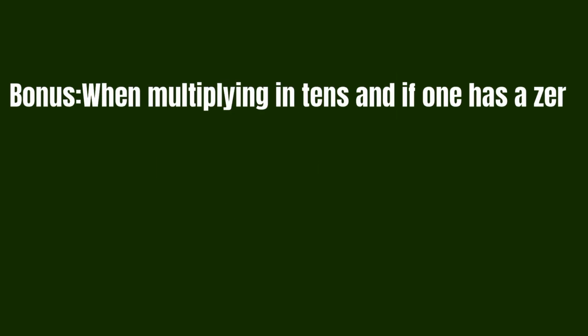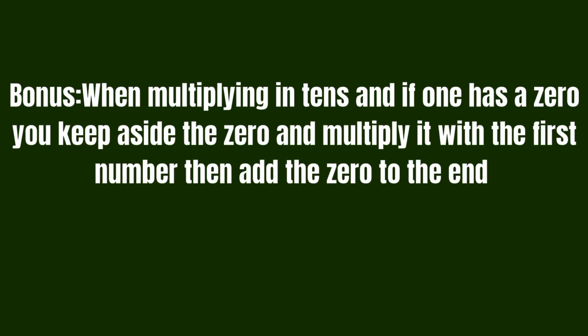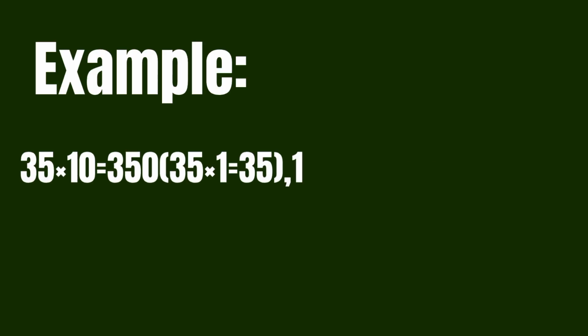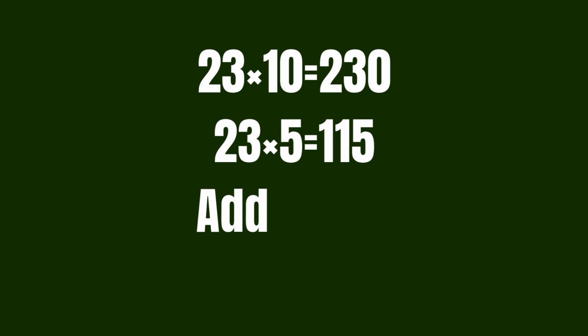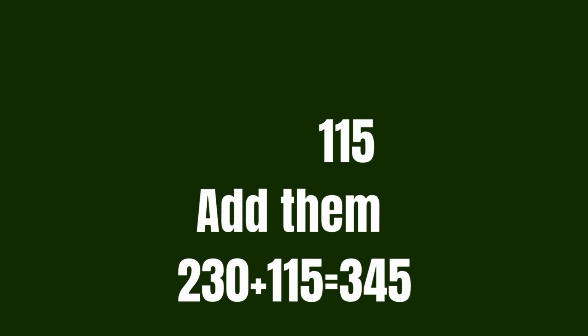Bonus: when multiplying by tens, if one has a 0, you keep aside the 0, multiply the first number, then add the 0 to the end, e.g. 35 times 10 equals 350, 35 times 1 equals 35, 12 times 20 equals 240, 12 times 2 equals 24. 23 times 10 equals 230, 23 times 5 equals 115. Add them: 230 plus 115 equals 345.